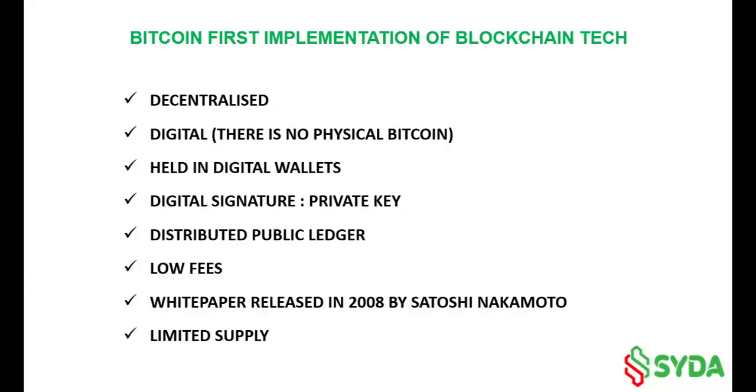Once it is exhausted, there will be no Bitcoin added to circulating supply again. That is going to be the total Bitcoin we are going to have. Now, Bitcoin was launched in 2009.